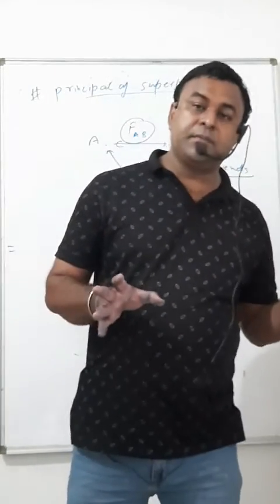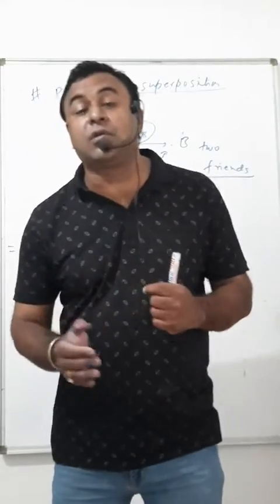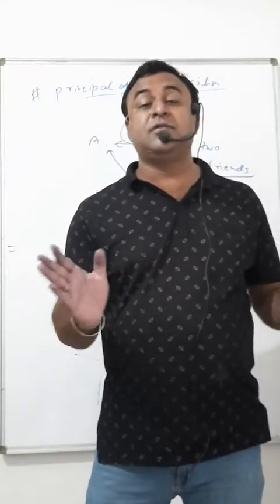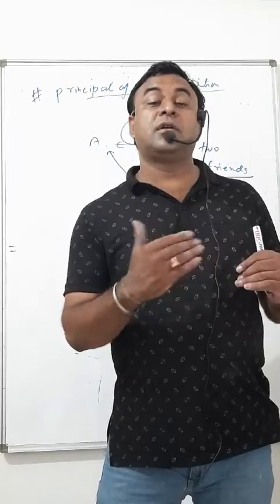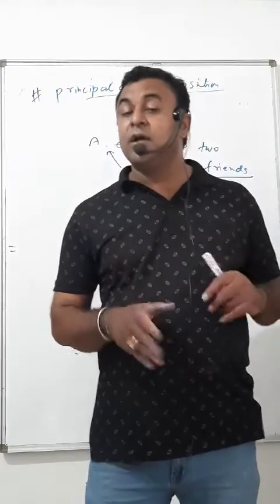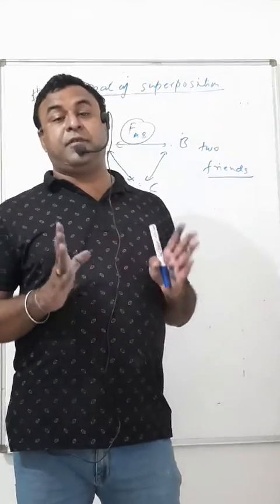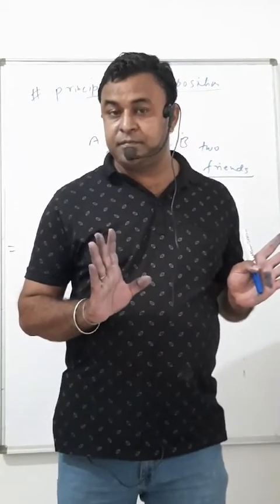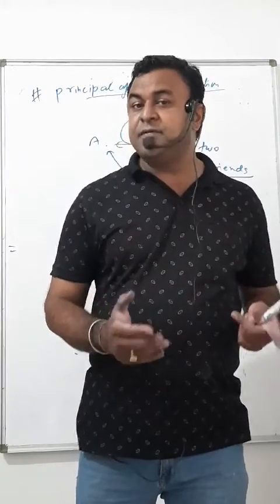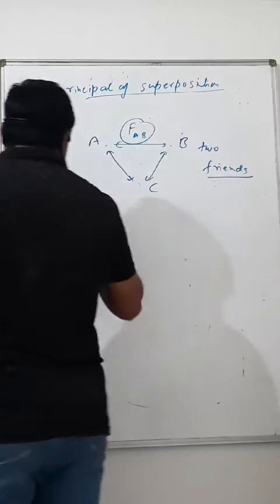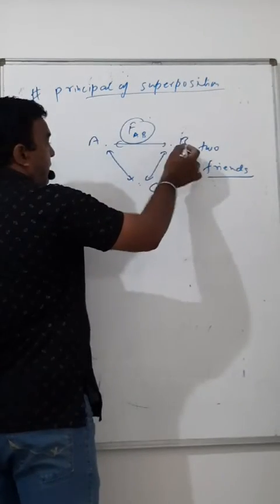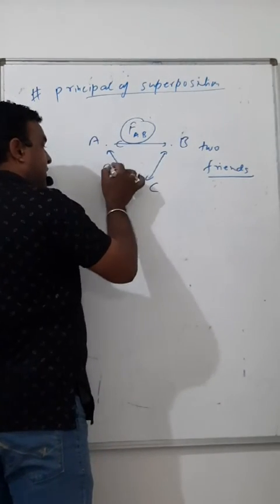When Q2 came, it had an additional F02. If Q2 is not interfering with Q1 and Q0, then we can add up vectorially all the forces. But if it were like this, there is friendship FAB between A and B, and now there is FAC.